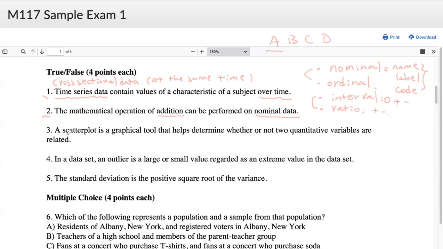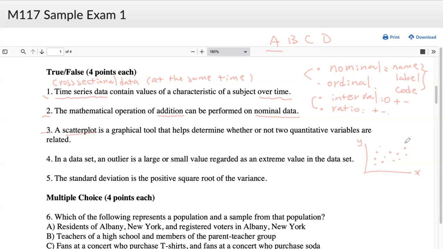Okay, the third one is testing the scatter plot. Remember, it is a graph with data points in two dimensions. The data has two values: one for the horizontal axis, another for the vertical axis. We need to know how to make a scatter plot and how to read one.